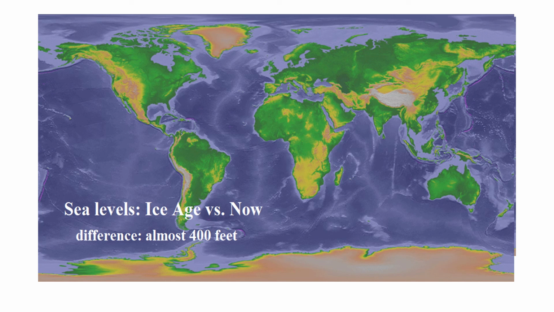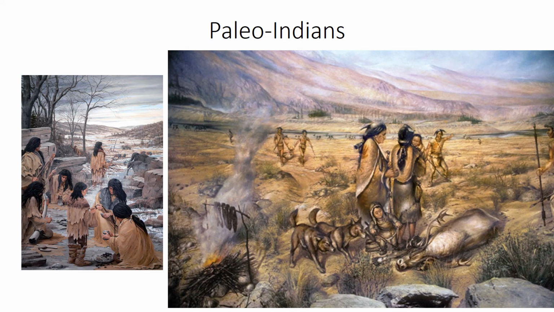Those people are known as the Paleo Indians, the Stone Age Indians who were the ancestors of the various tribes and nations that would later develop. So we are now at the era of prehistoric human habitation in the plains and in North America in general. So that's what we will talk about next.